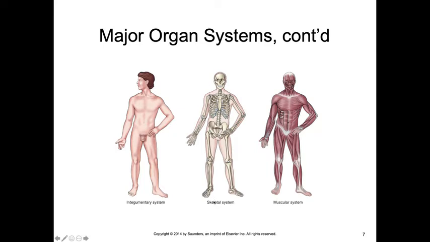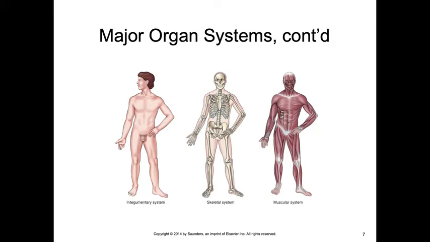The skeletal system provides the body a framework. It's also a site of blood production. It's a site where we store lots of minerals. It allows us to move at structures that are called joints. And it also protects a lot of our internal organs, right? Our vital organs are enclosed in bone in many cases.